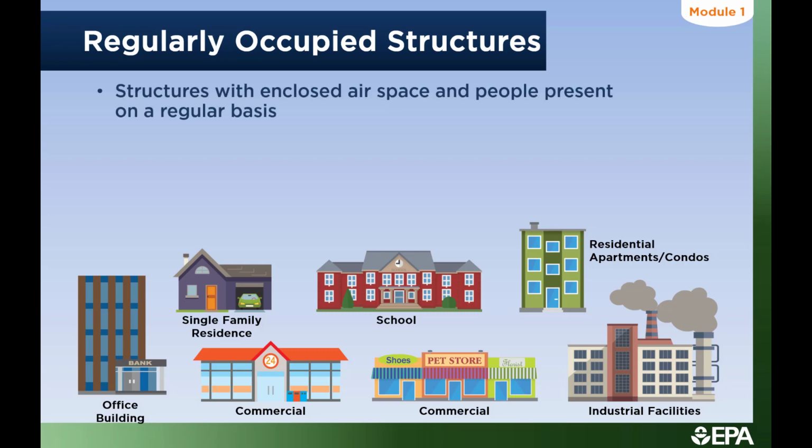The HRS defines regularly occupied structures as the structures with enclosed airspace where people either reside, attend school or daycare, or work on a regular basis, or that were previously occupied but vacated due to a site-related hazardous substance or substances. The HRS also makes a distinction among structures based on whether or not the structure has subunits.